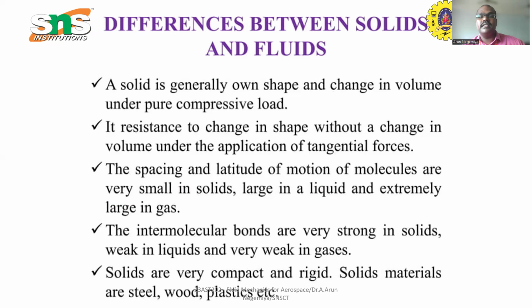Gas can be displaced from one place to another. A solid has a shape and a volume, and if you apply a load, the solid will change shape. By comparison, liquid doesn't have any shape, and it will move from one place to another when you apply a load.